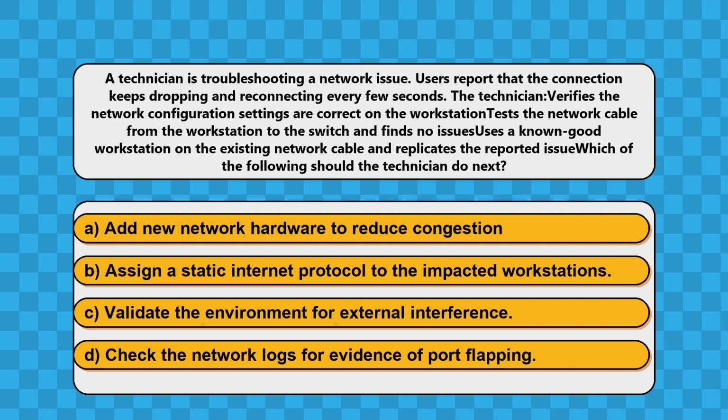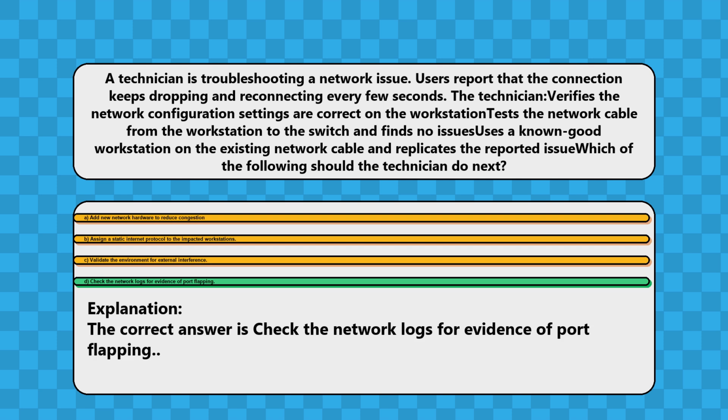Option A, add new network hardware to reduce congestion. Option B, assign a static Internet Protocol to the impacted workstations. Option C, validate the environment for external interference. Option D, check the network logs for evidence of port flapping. The correct answer is option D, check the network logs for evidence of port flapping.